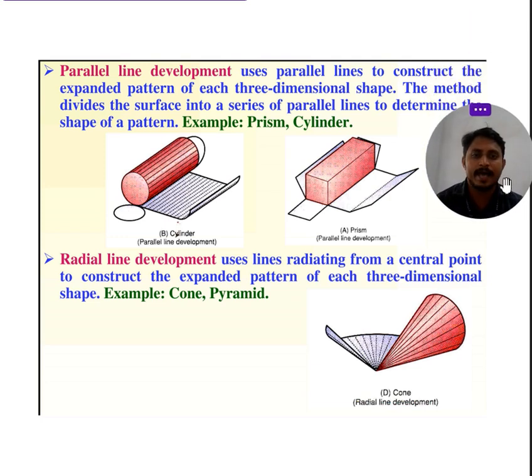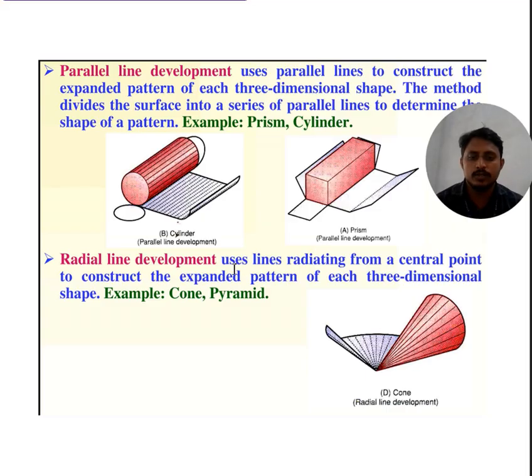It uses parallel lines to construct the expanded pattern of each three-dimensional shape, for example prism and cylinder. If you take a cylinder like this, the folding and unfolding case, and prism also, the parallel line is developed. Radial line method, so these are the radial lines, with some inclination.